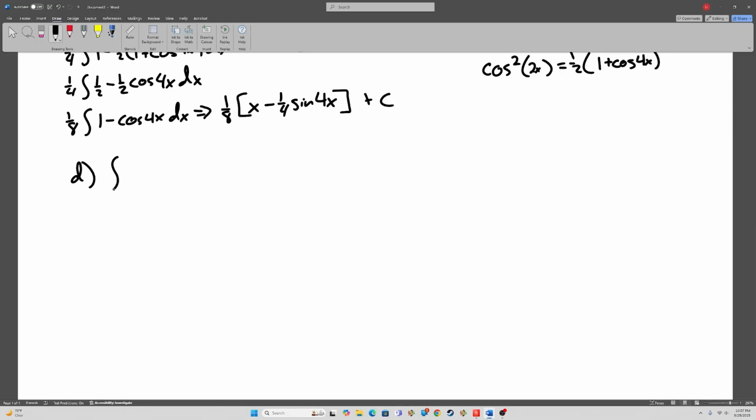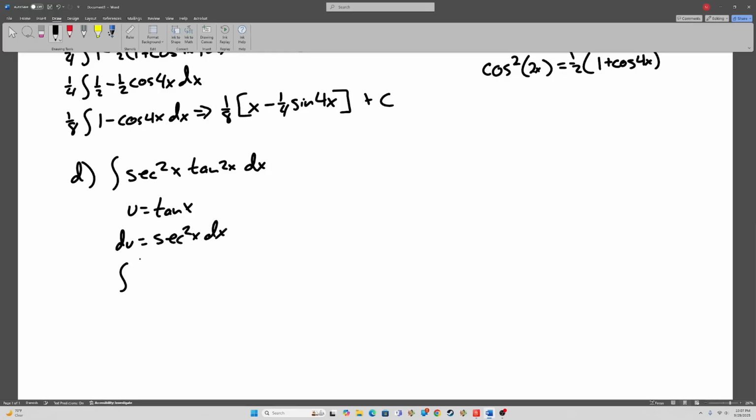Integral of, I'm kind of trying to interpret, is it secant squared tangent squared? I think it's secant squared x tangent squared x dx. And we're going to let u equal tangent of x because I see a function and its derivative. So u substitution is finding a function and its derivative, secant squared x dx.